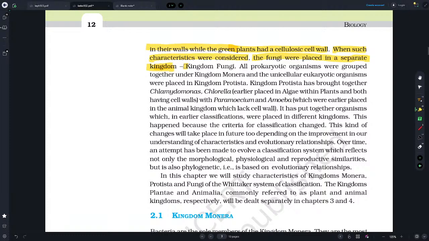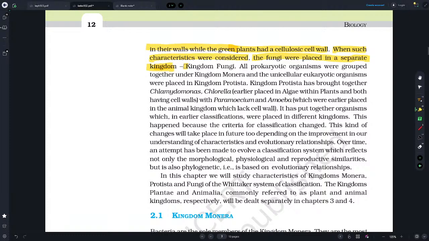The spherical, round shaped ones are called coccus or cocci bacteria, while the rod shaped ones are called bacillus bacteria. We can take examples like streptococcus, lactobacillus, and cholera.